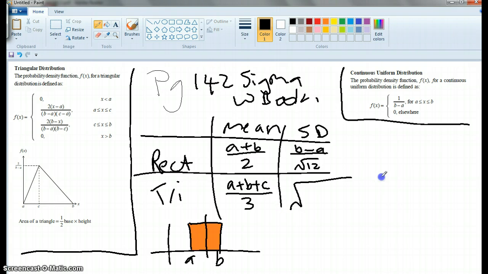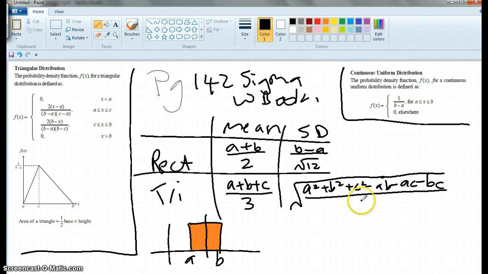And the standard deviation is a squared plus b squared plus c squared minus ab minus ac minus bc all over 18. Again, there's a lovely proof involving integration of that, which is outside the range of this course. Perhaps for scholarship you would like to look that up and know it.